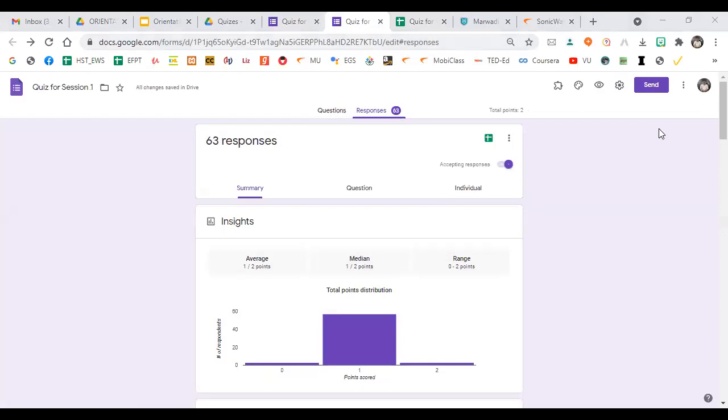So 63 students. Let us check how many we are. 71. So 69. So still 5 to go. Make sure that you complete the things. 4 students to go. Okay, very good. 3 students to go. 2 students to go.